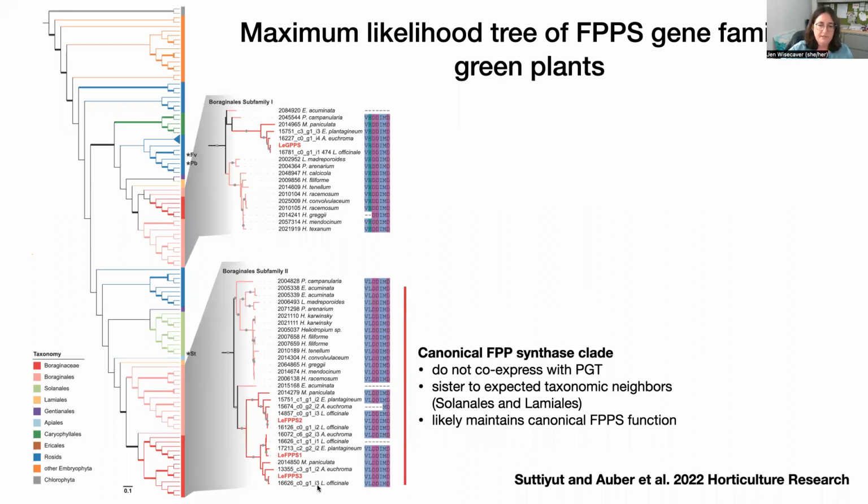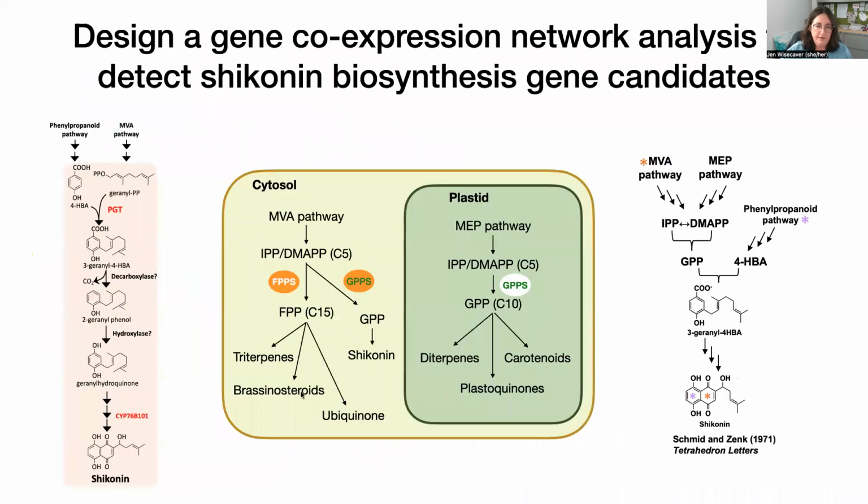None of these genes co-express with PGT, and they are sister to known taxonomic neighbors, how we would expect this gene family to behave, grouping next to the Solanales and the Lamiales. And these genes likely maintain the canonical FPPS function to work in producing other known isoprenoids.